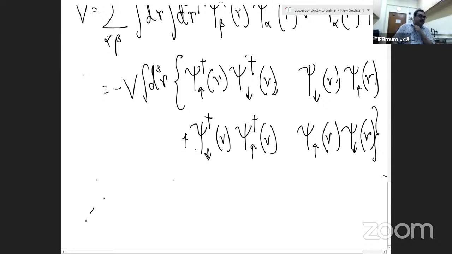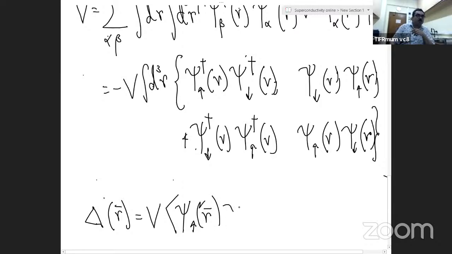Now I will define the gap delta, but just like U and R are position dependent, the gap will also be position dependent, and the gap at position R is given by this.